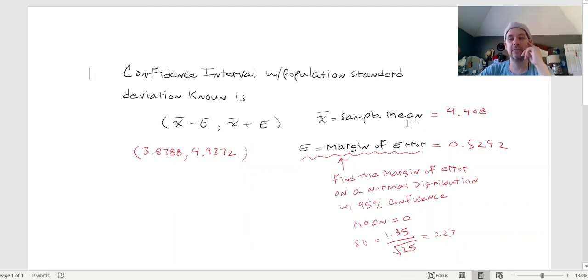But StatCrunch does make it easy to do if you know what formulas you're supposed to use. And this time, I knew I was supposed to use formulas this way because the population standard deviation was known. If the population standard deviation wasn't known, it would be a different story, different kind of problem, different formulas and technique.